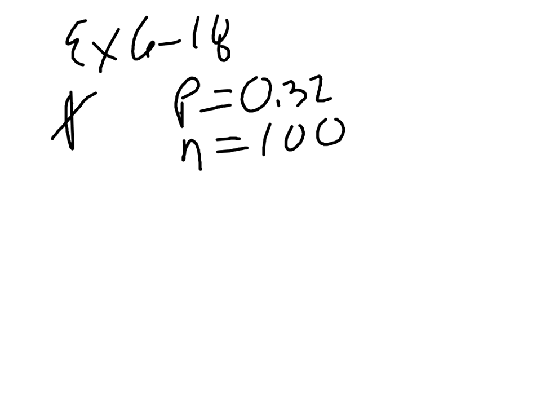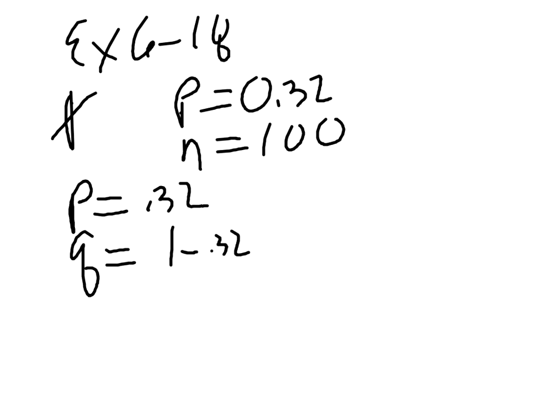Okay, so the next thing that we need to find out, recall, is whether we can use our normal distribution to approximate the binomial formula. And remember that if p is equal to 0.32, then q would equal 1 minus 0.32, or 0.68. Now, what we're doing is step 1 in our procedure table to make sure that we can use our normal distribution tables.